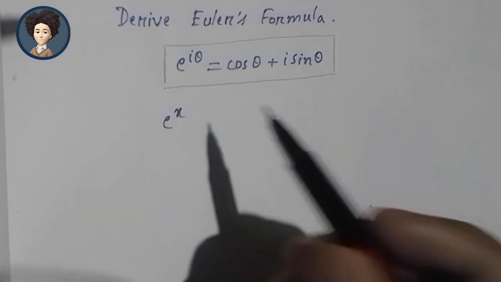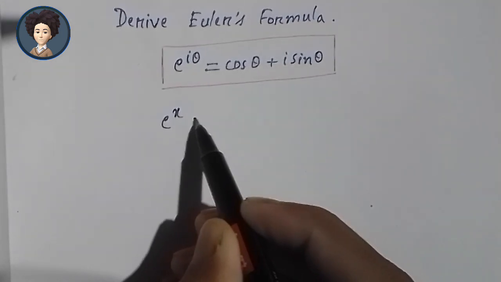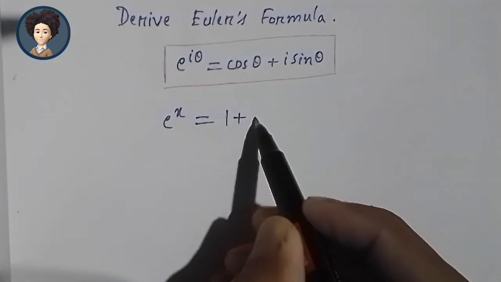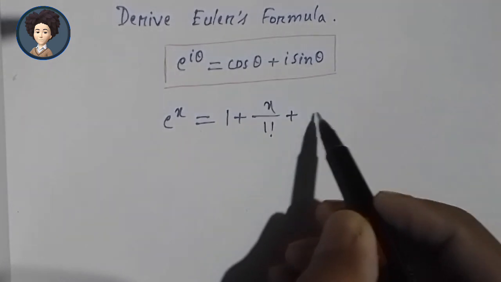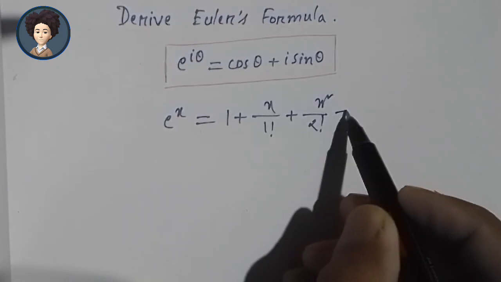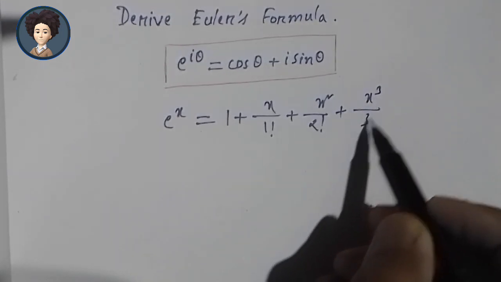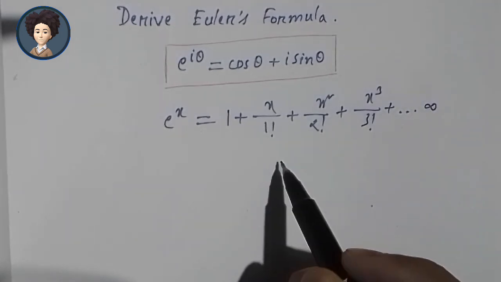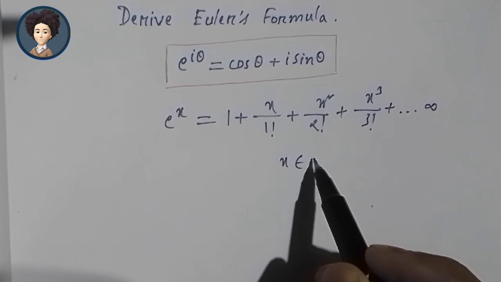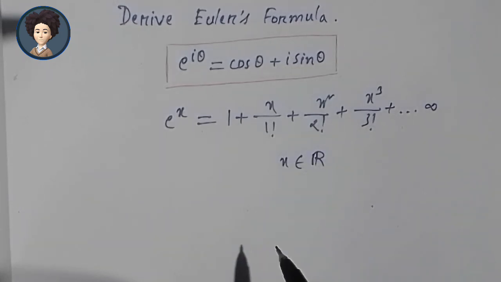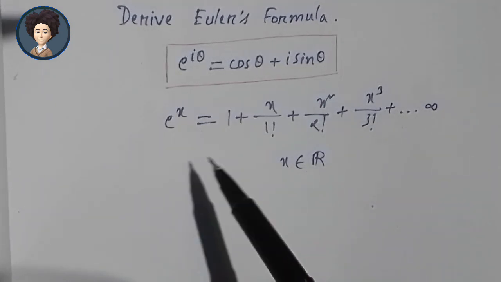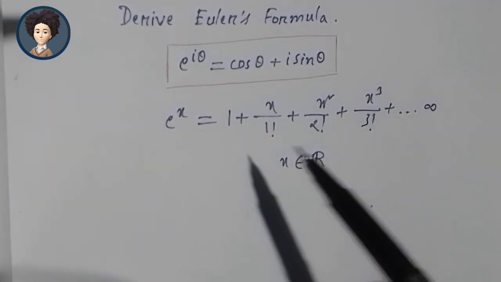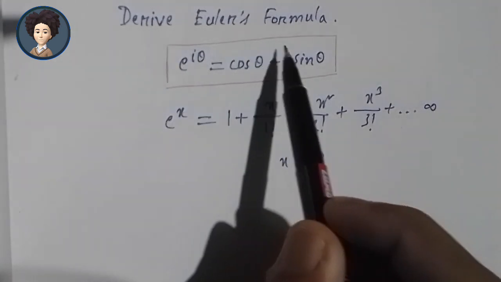The e to the power x can be expanded as 1 plus x by 1 factorial plus x squared by 2 factorial plus x cubed by 3 factorial, and so on up to infinity, where x is any real number. Here we are going to use this series expansion to derive Euler's formula.